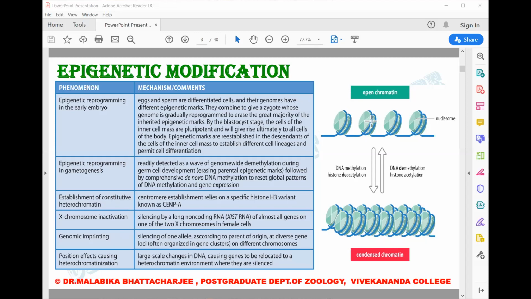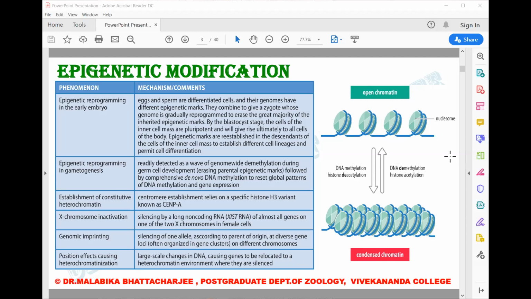For a given program to occur, modifications can take place both in the histone moieties and the DNA jointly, or the modification may take place only in the histone moieties, or the modification may take place in the DNA. So it's a permutation combination, and depending on whether both the modifications are taking place in both the molecules, that is a histone and the DNA, or only in DNA or only in histone, the output is different.